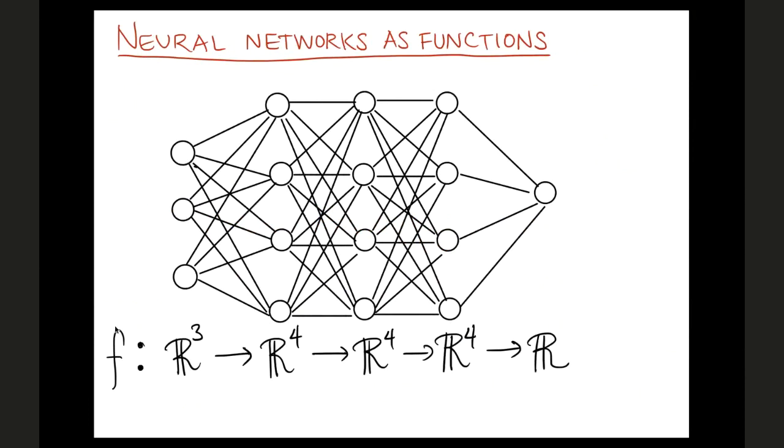So you're thinking of this neural network as a function from R3 to R, but it's realized as a composition of functions through the different layers. These layers are often called the hidden layers of the neural network, the ones that aren't the domain or the codomain. What I mean by architecture is literally just the dimensions of the spaces that you're mapping from, to, and through.